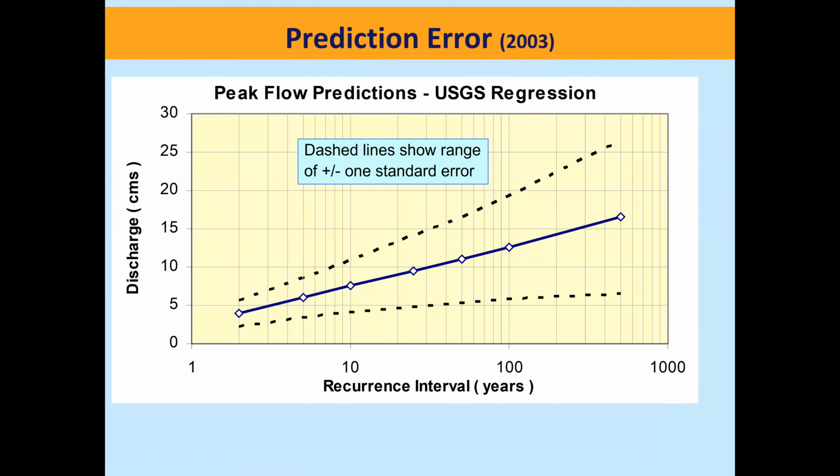And this is just showing you graphically what that standard error looks like on a prediction using the 2003 equation. So as you go into larger flood events, those standard errors get a little wider. Those bars get a little wider for you. So just things to keep in mind when you're using these equations.